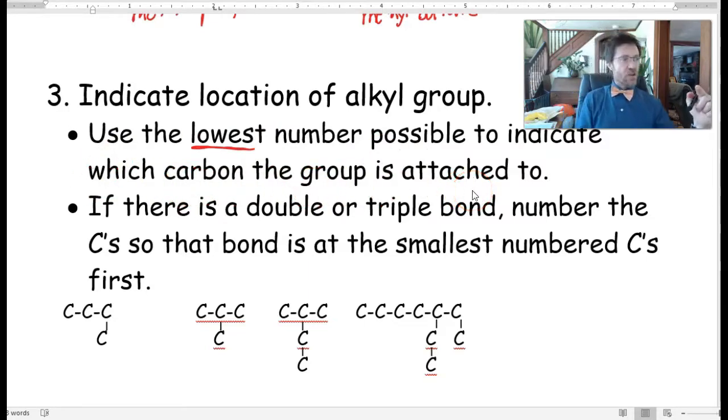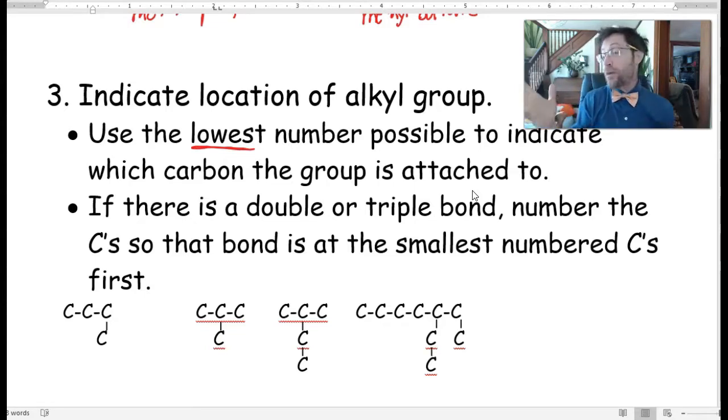So you could start on this side and go 1, 2, 3, 4, 5, 6, or you could start on this side and go 1, 2, 3, 4, 5, 6. Whether we start on this end or this end is determined by whether my alkyl group is on the lowest number possible going this way or that way. And the reason we want the lowest number possible is it tells us how close it is to the end of the chain.